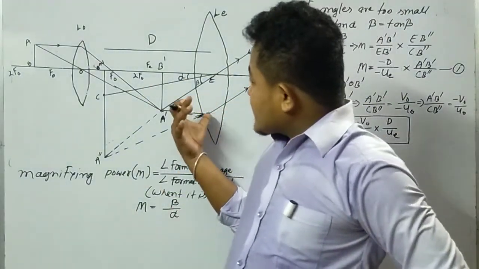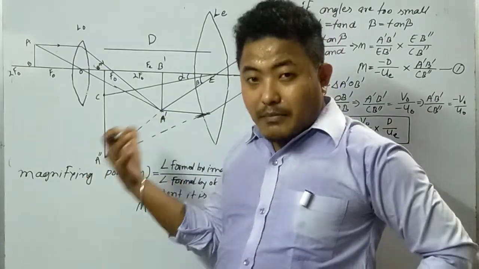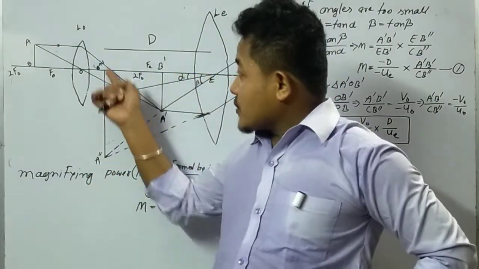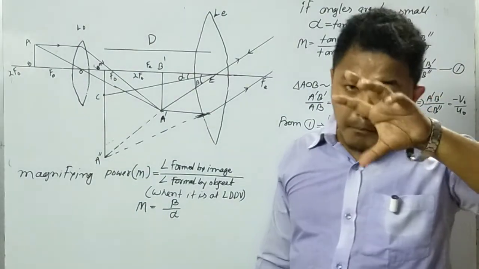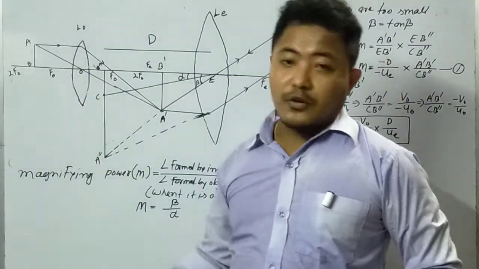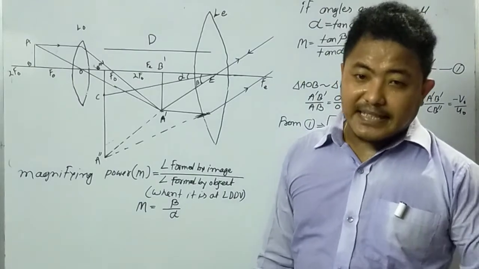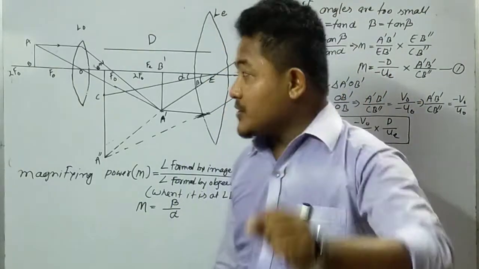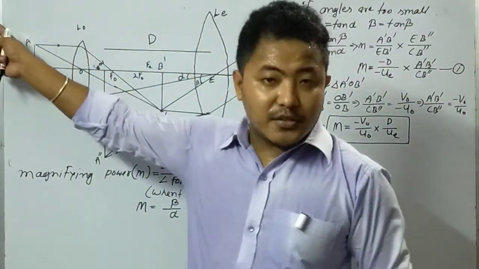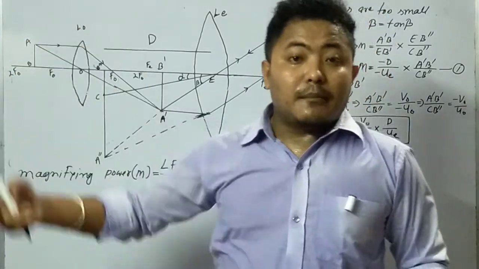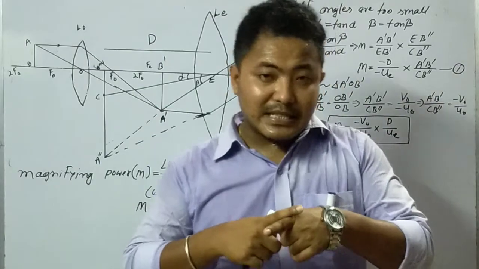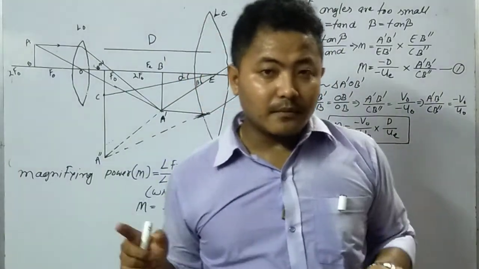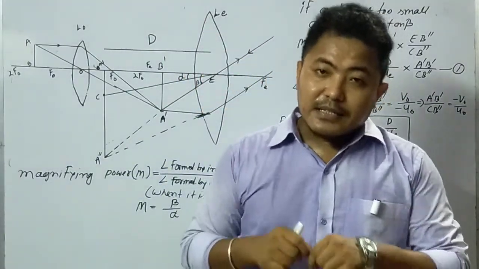If the image is formed at least distance of distinct vision, what will be the magnifying power for compound microscope? And second one is, if the image is formed at infinite distance, what will be the magnifying power for the compound microscope?